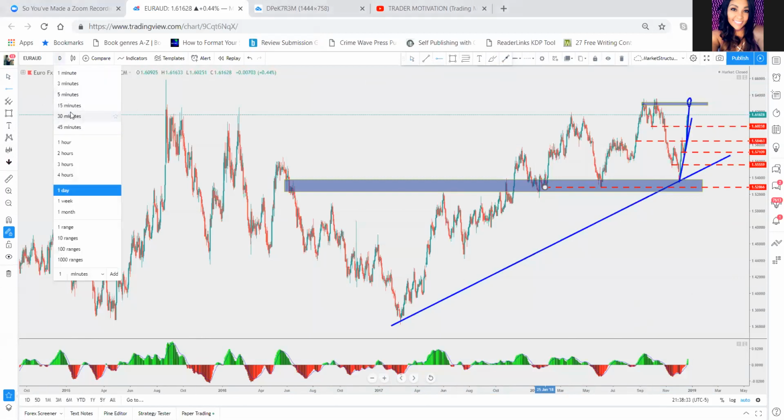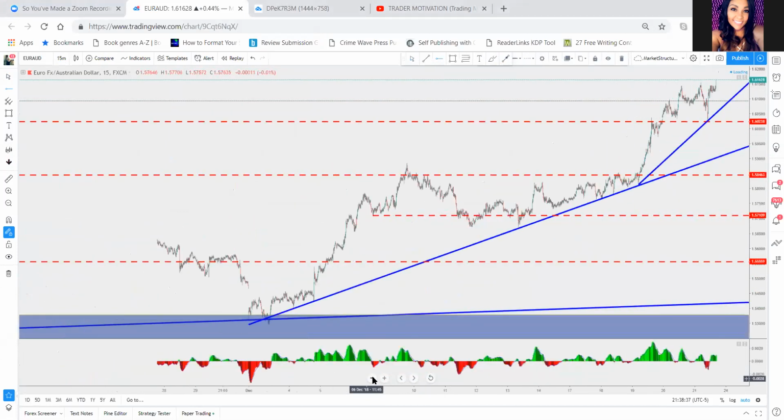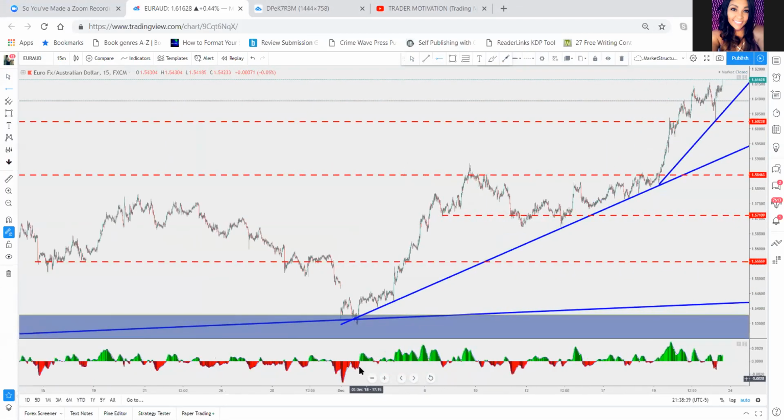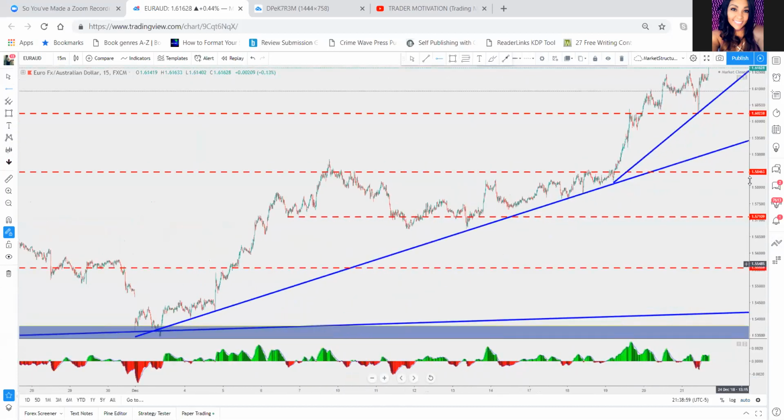So let's again go look at our entries. If you want to start writing your rules and make your own personal rules, the first rule you might ask is, is it at a supply or demand zone or a reversal zone? And the answer to that is yes. Do we have an impulsive move to the upside? Yes. Okay. Try to make this bigger.